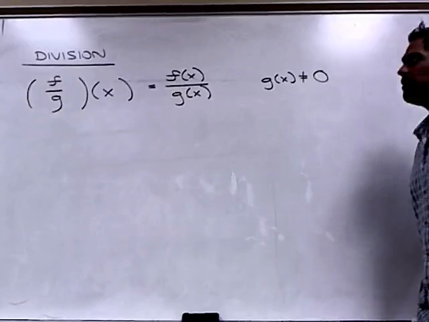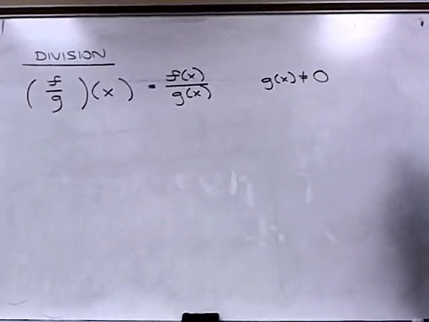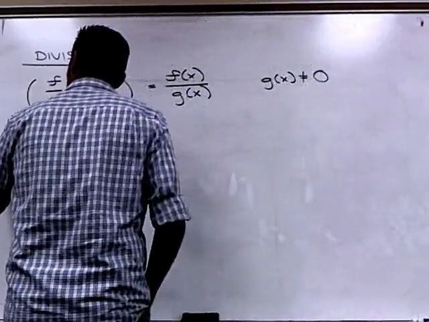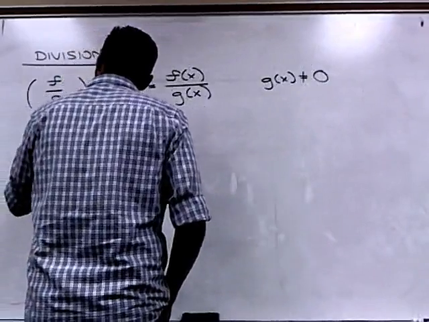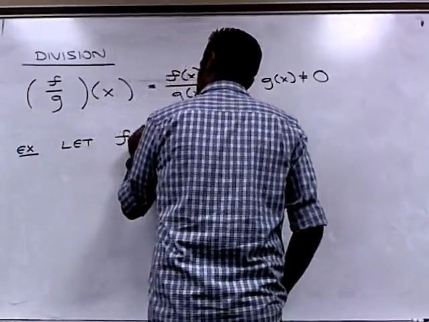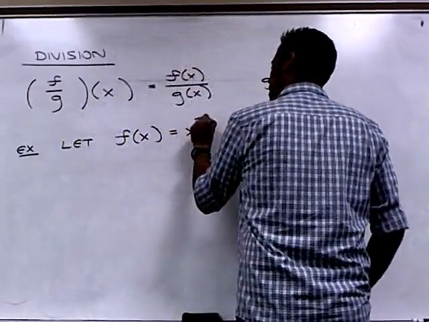Now, fortunately for us, as you're going to see, division, I think, is the easiest when it comes to writing it out, but it's a little tricky when we talk about domain. So here's an example. I'm defining two new functions. Let f of x be x squared plus 1.